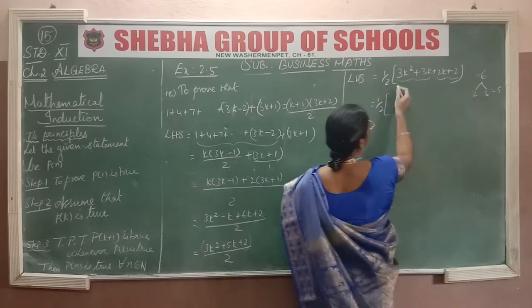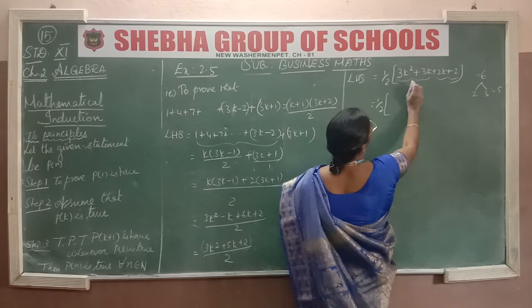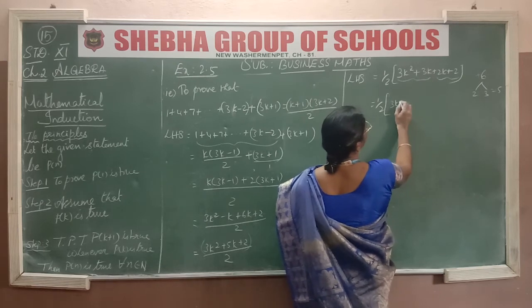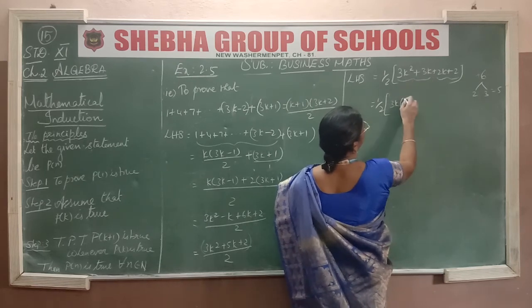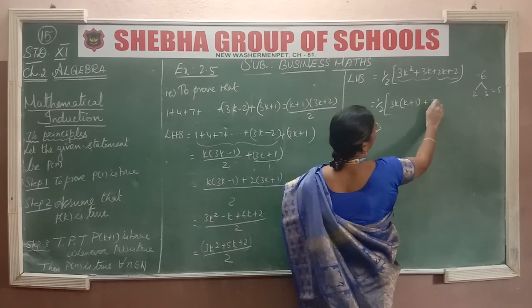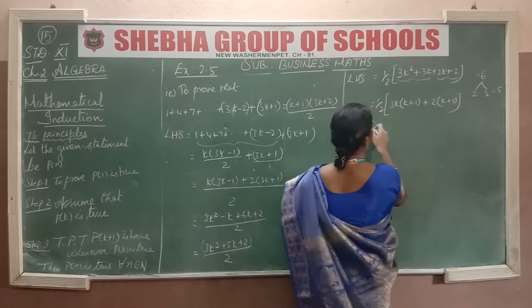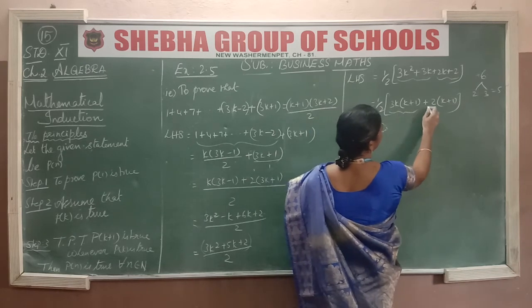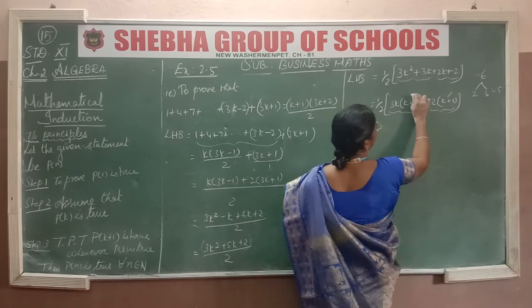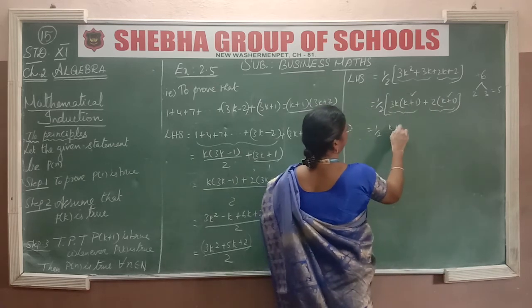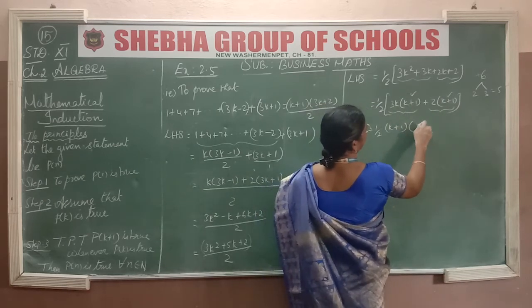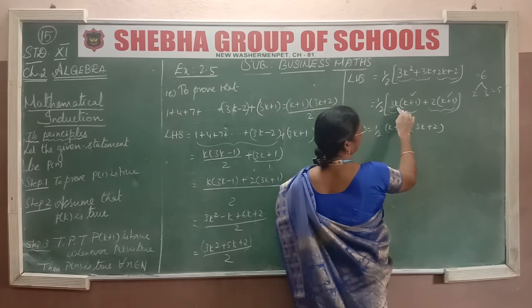Combining two terms, from these two 3k is common, isn't it? Taking it outside, inside we get k plus 1. Here also taking 2 common, outside k plus 1. So in these two terms k plus 1 is common. So k plus 1 into 3k plus 2.